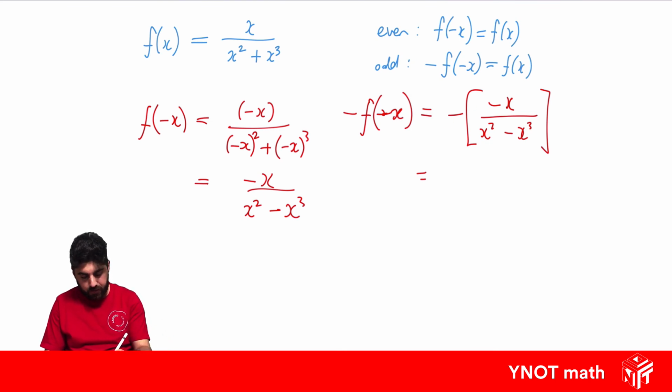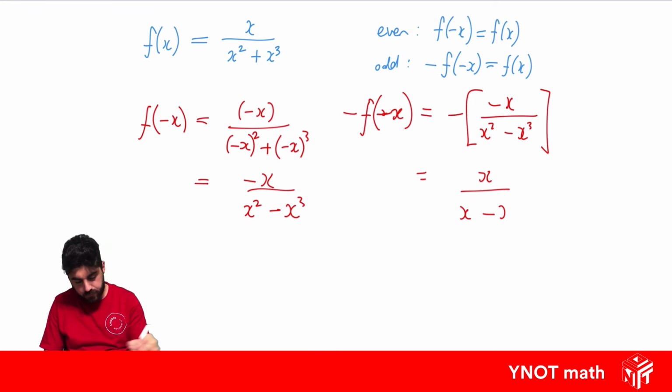So it ends up being x over x squared minus, whoops, that's the x squared, minus x cubed. And does that equal our original function? Because that's the rule for the odd function. The minus f of minus x has to equal the original. And it doesn't, because the only change is that this positive is now negative.